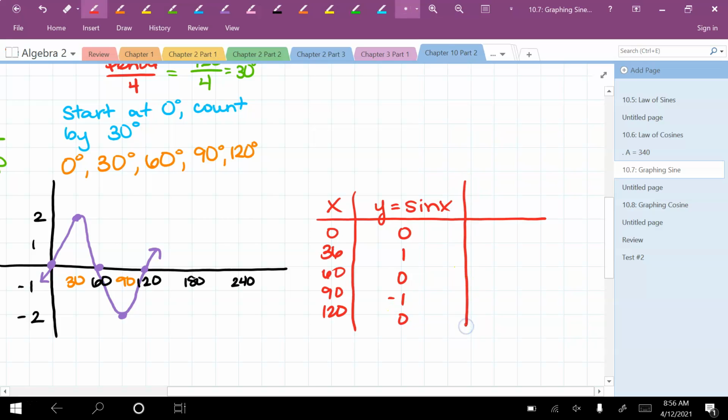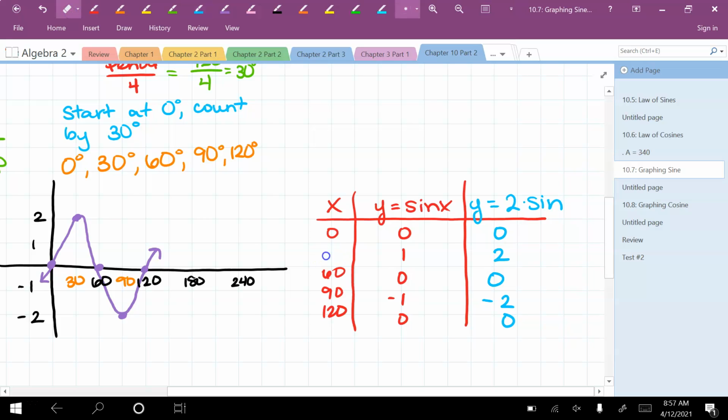You can do the same thing with this new one, which is 2 sine of x. It's going to change your numbers to 0, 2, 0, -2, 0. You don't necessarily need that because you already have it graphed, but that's where it's coming from.